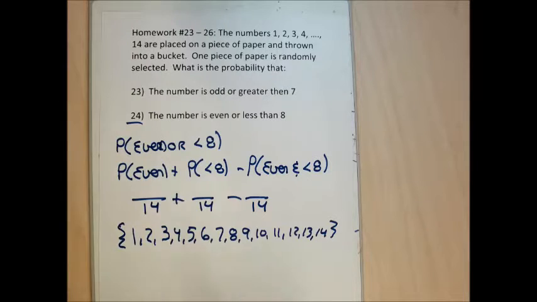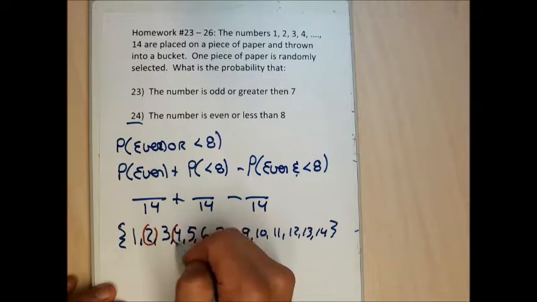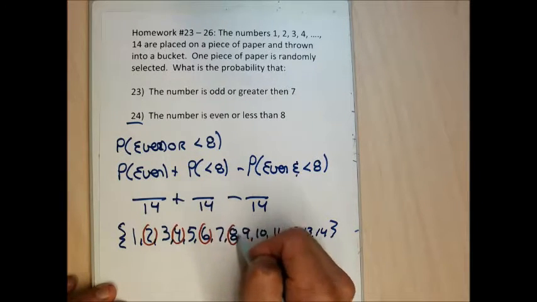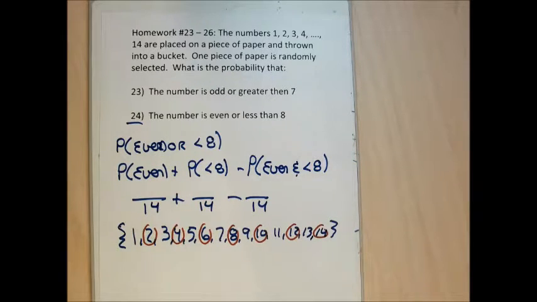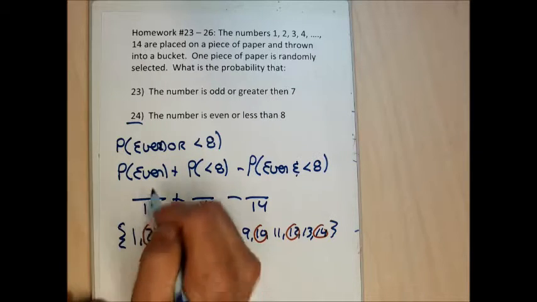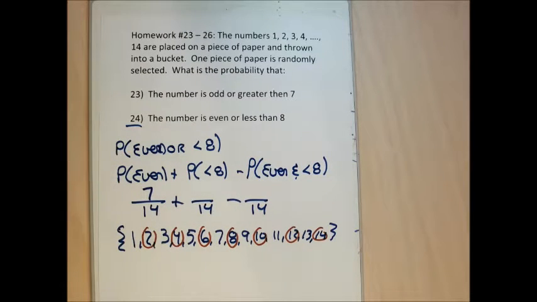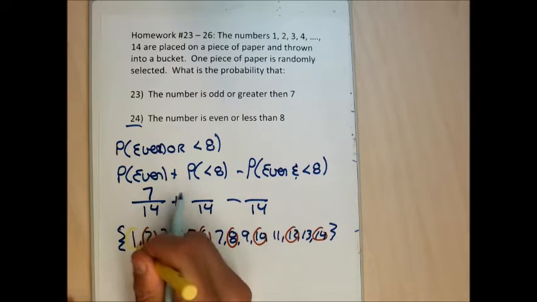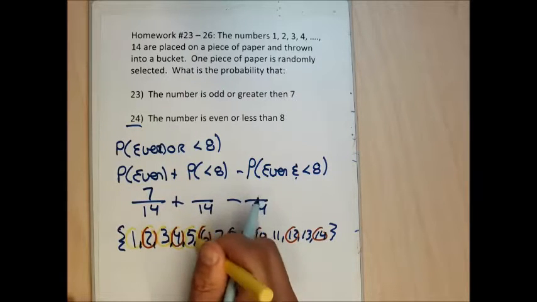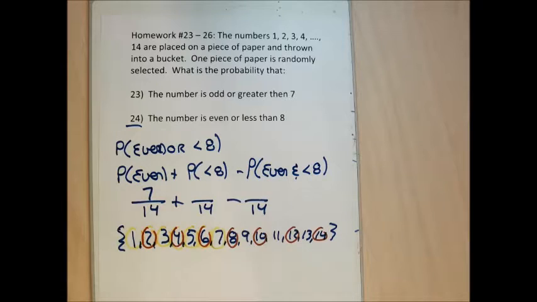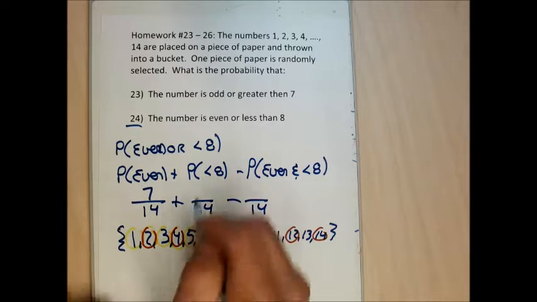Let me mark out the even ones real quickly for the first probability. My first probability is going to have a 7 in it because I just circled 7 even numbers. My second probability is going to have all the numbers less than 8. It's also going to have a 7 in it because there's 7 numbers that are less than 8.